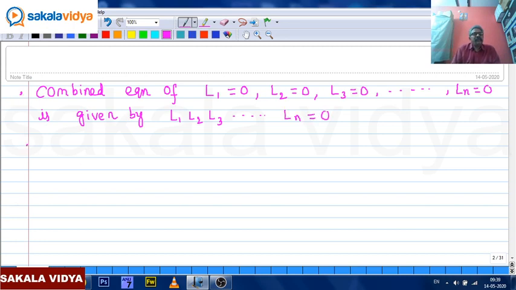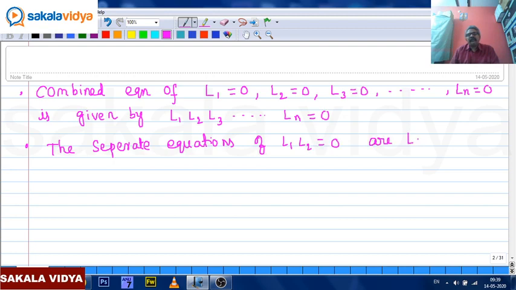Next important point is the separate equations of L1 into L2 is equal to 0 are L1 is equal to 0 and L2 is equal to 0. That means converse also true.